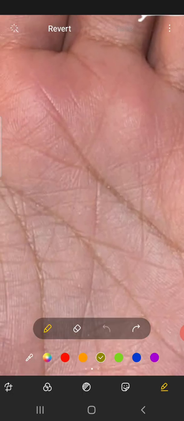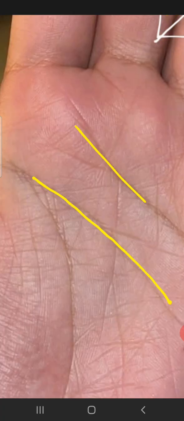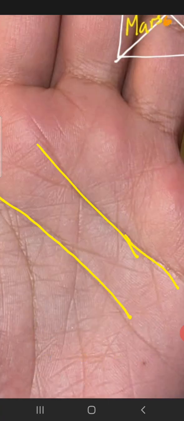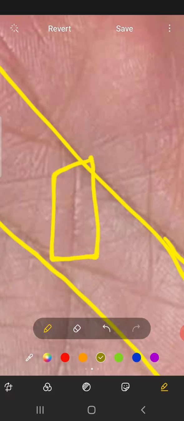You have to observe that whenever Shani is Vakri, we have to look at two different zones. This is the first zone where we have to concentrate. In this zone, you will see that this part of the Shani Rekha is not really strong or good because it is having patches.